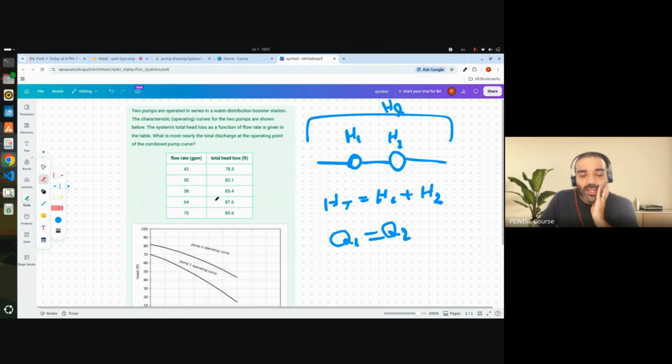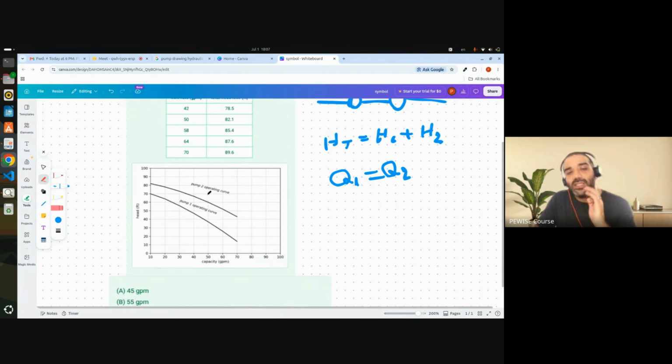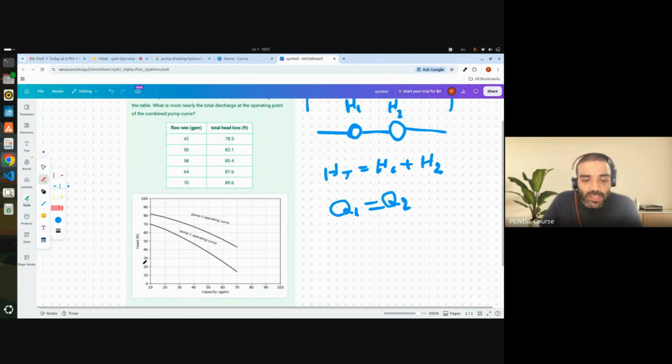The easy way to calculate this is, at different points, we add the head of these two pumps, draw the total head, and then we also draw the total head loss and see where these two curves cross each other. And we can do this in the range that the question has given us, because probably that's where we have the answer. So let's start by 42.